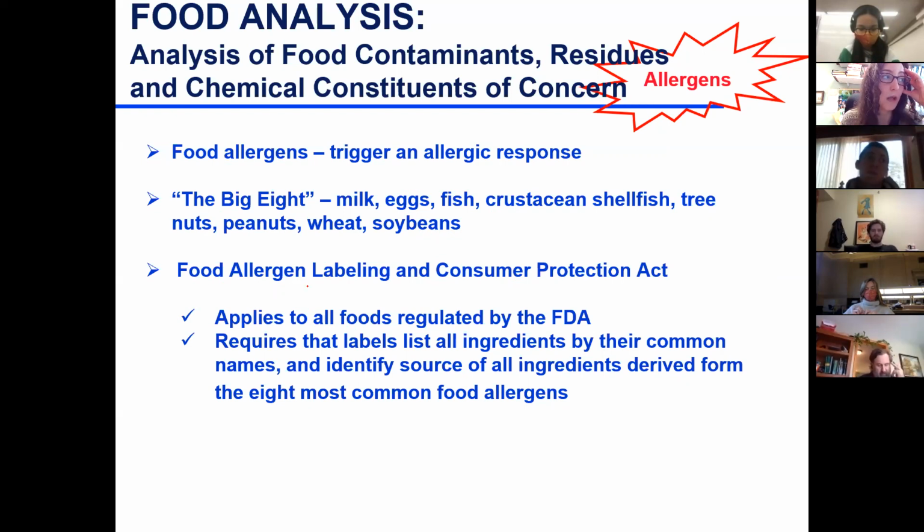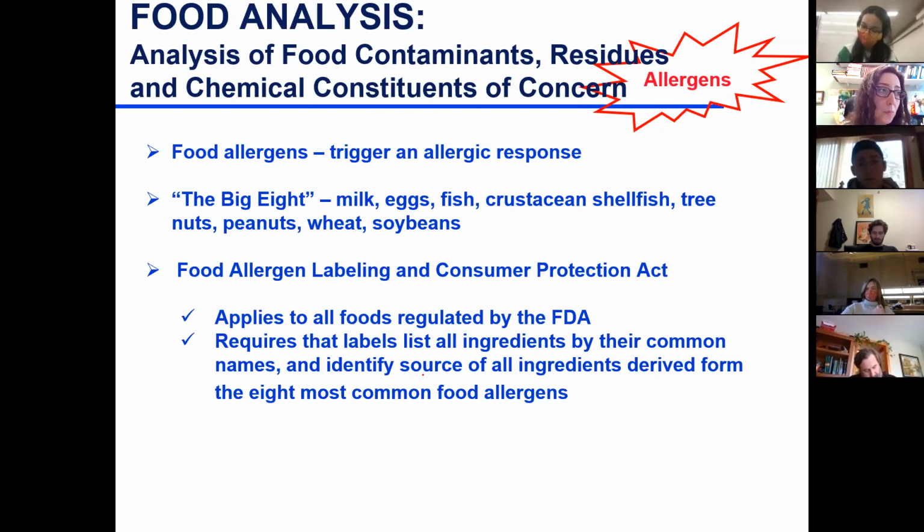This is due to the Food Allergen Labeling and Consumer Protection Act, where we have to list the ingredients by their common name so that people can read and recognize, oh, it has wheat, so it contains gluten, or it has eggs, or whatever. You cannot use scientific names for ingredients.